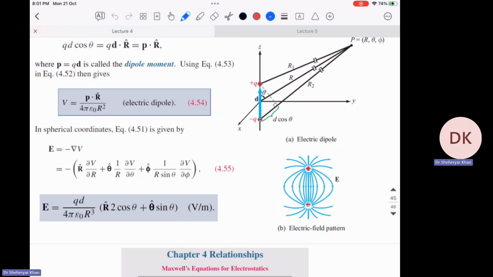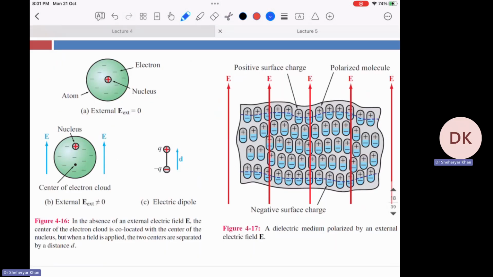We learned previously that if two charges are displaced apart, they will produce some electric field. Now you would see that this electric field due to the dipole interacts with the E field provided externally. That's the reason we use epsilon as the measure of the electric displacement field D.